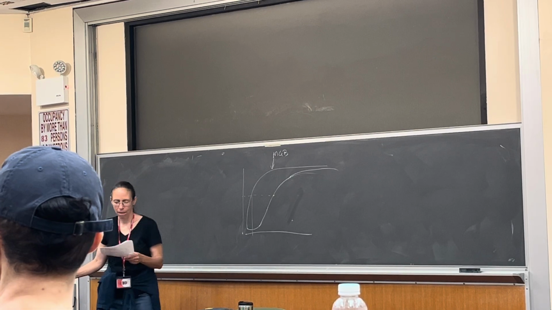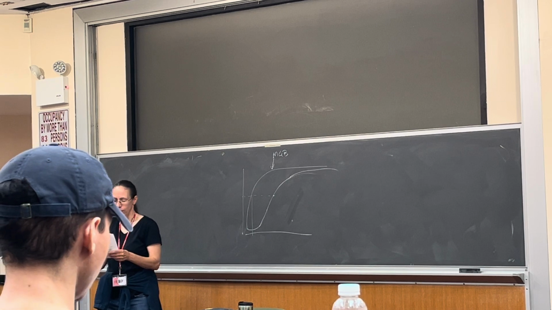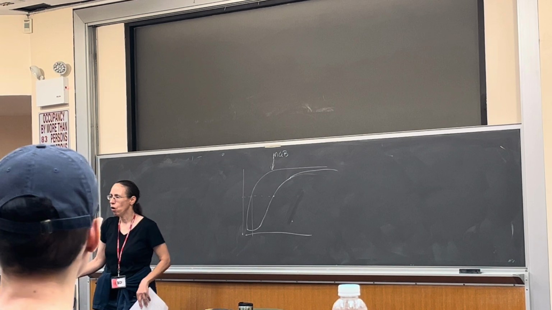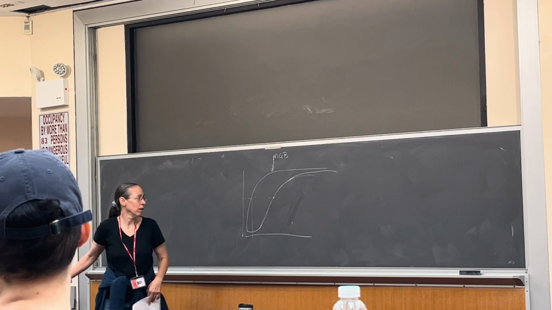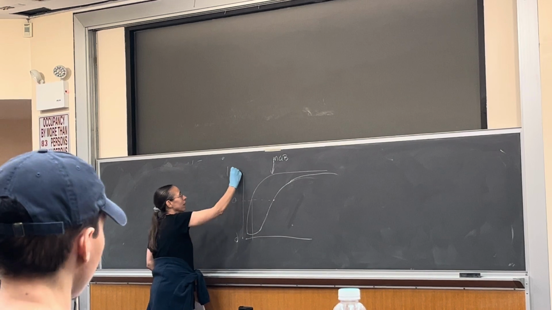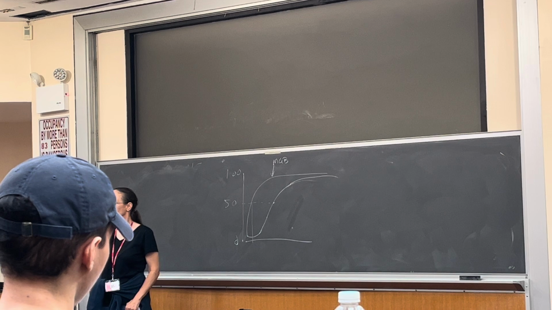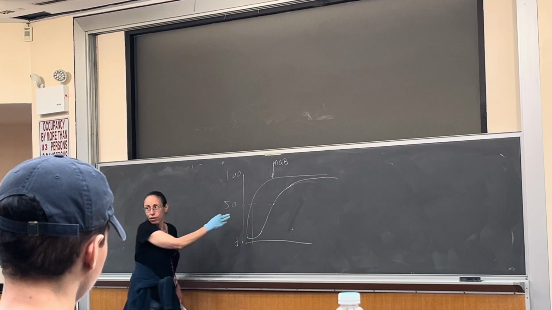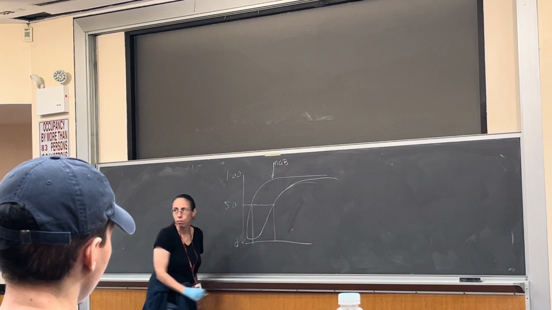Sorry, what is the full answer? The definition is P50 is the partial pressure of oxygen where the globin is half saturated with oxygen. Yeah, so that was the definition part. And then to find the P50, you take the 50% value and you just go over and look at what the partial pressure is.